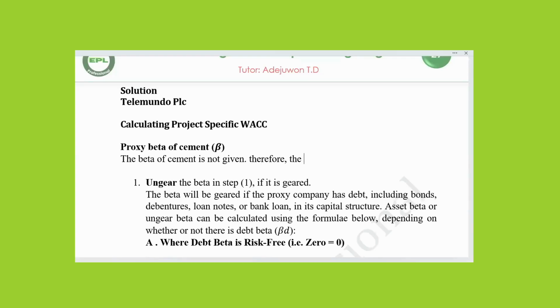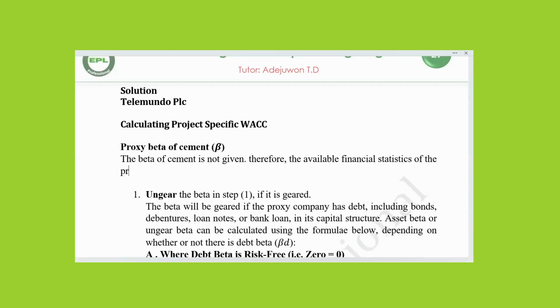Therefore, the available information of the proxy, the available financial statistics of the proxy company, will be used to identify the beta of cement.